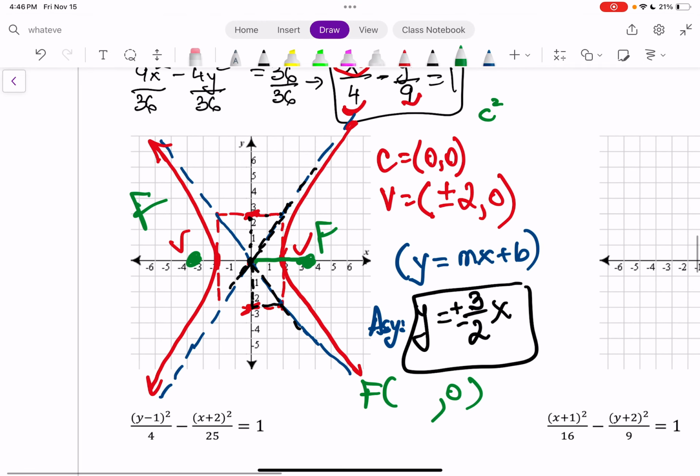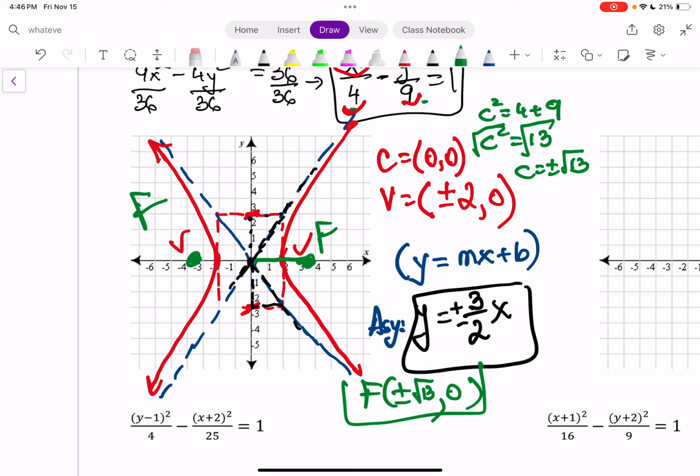So c squared is a squared plus b squared, which are these two numbers. So it doesn't matter which one's smaller and which one's bigger. As we add these quantities, and therefore take the square root on both sides, so plus minus square root of 13. So the foci are at plus minus square root of 13 and 0. Okay.